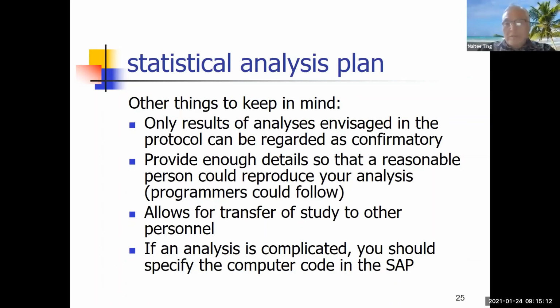I was in the middle of writing the SAP and have to pass it on to the next statistician, who needs to pick up what I said and understand what I'm trying to do. Also, we know the FDA has the capability of analyzing the data, so we need to be clear enough that the FDA statistician can look at what I specified and reproduce my analysis. It allows the study to be transferred to other people.